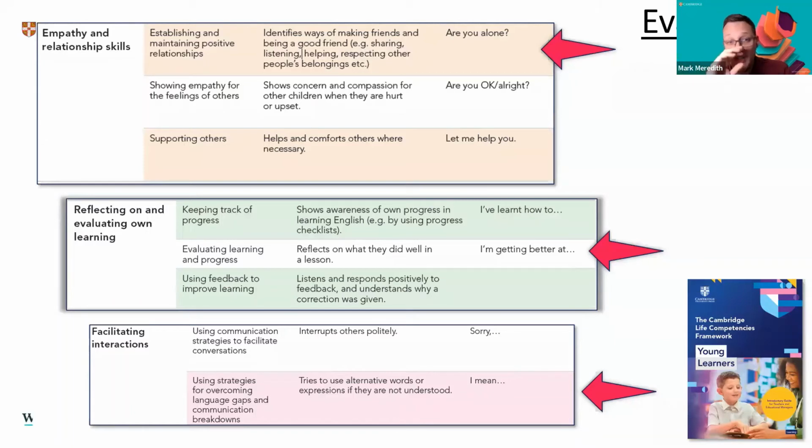I also wanted to mention here that the competencies in the can-do statements in the Cambridge Framework for Life Competencies are not prescriptive. They are flexible. You can add your own competencies within the category. So if you are using this framework, you can say, in this category, I think that this would be a good example of supporting others. And that can form a part of that category. It's really there as a base that we can use moving forward.